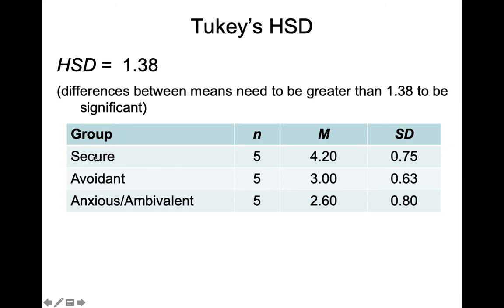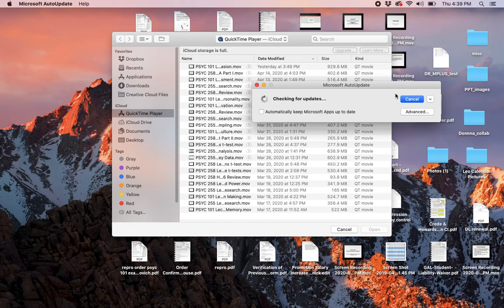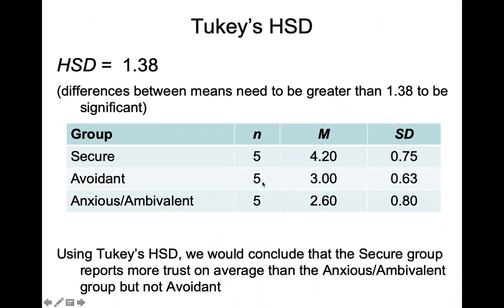So we would conclude that there is a statistically significant difference in the amount of trust that securely attached versus anxious ambivalent attached folks report. And then we can clearly see that the difference of 0.4 here isn't big enough to be bigger than that HSD. So using Tukey's HSD, we would conclude that the secure group reports more trust on average than the anxious ambivalent, darn it, but not avoidant.